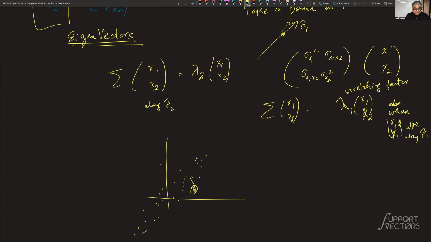It will get rotated and it will get stretched. So when it goes here, maybe this doesn't look like much stretching, let me make it more obvious. It goes to here, right? So what happens? This point has been partly rotated, partly stretched, right?